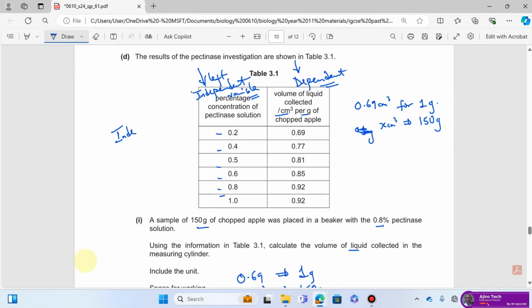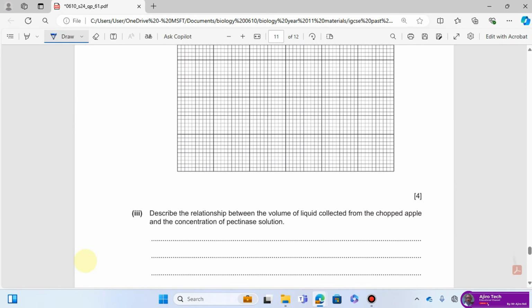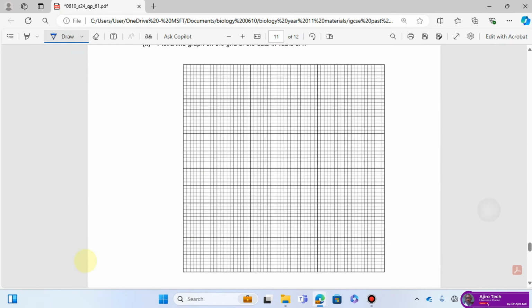And I use this formula which I call the index formula, meaning that independent variable is always on the x-axis or the horizontal axis when you are plotting a graph. So coming to your graph, and it's 4 marks. I'll tell you what the 4 marks usually entail. Number one, in drawing a graph, you have to label your axis.